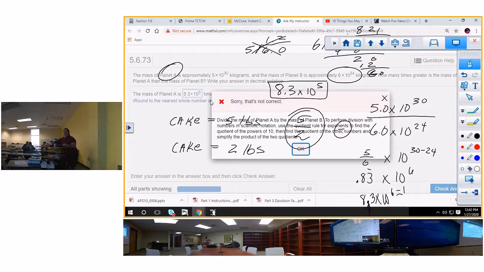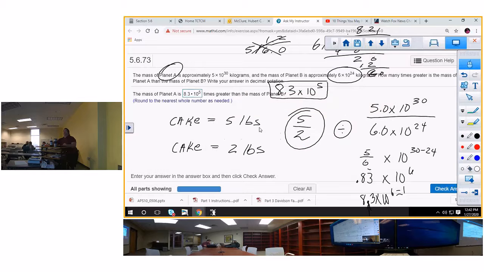Oops. They don't want scientific notation. Read the directions. Round to the nearest what? Whole number.